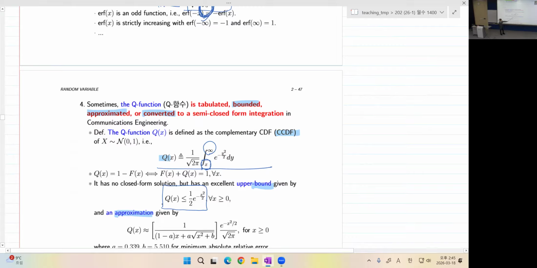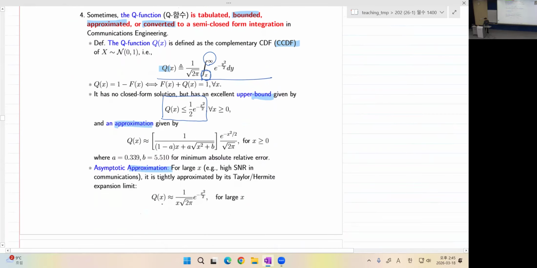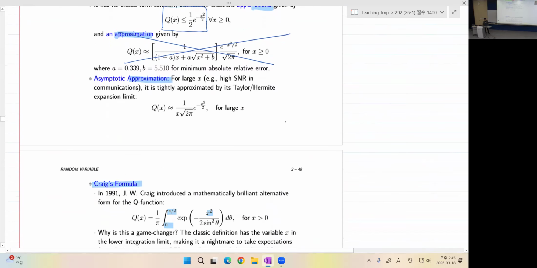No integral, right? Of course, this only works for x greater than or equal to 0. Sometimes people have found good approximations, but forget about this one. I have never seen somebody using this approximation. But there are some strange approximations like that.